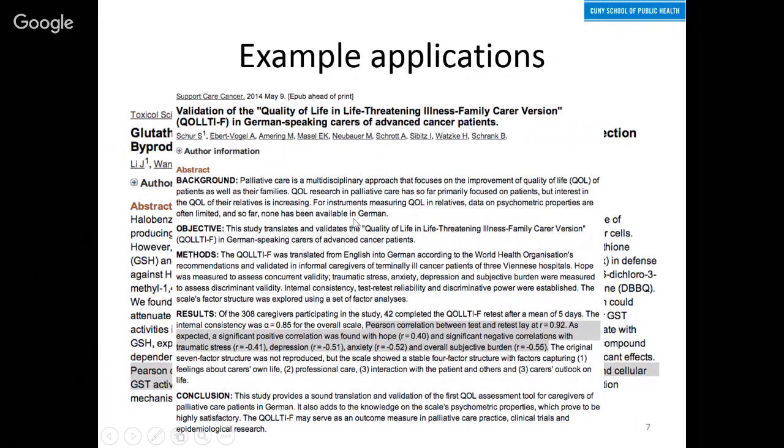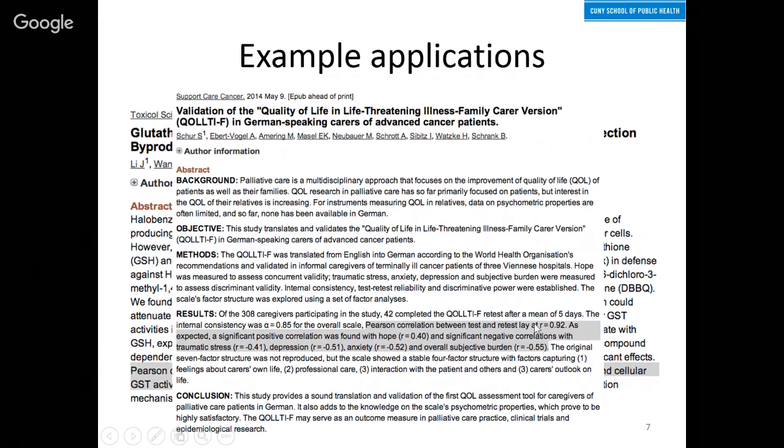Looking past everything, it is about palliative care, and the objective is to translate and validate this index in a certain cohort. They are validating it by looking at Pearson correlation between test and retest, so just subsequent tests to determine this score, and they have a correlation of R equals 0.92.